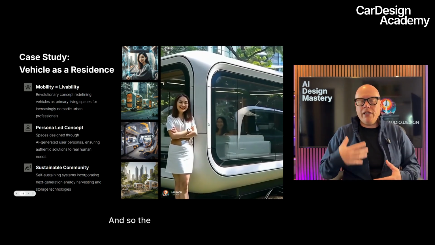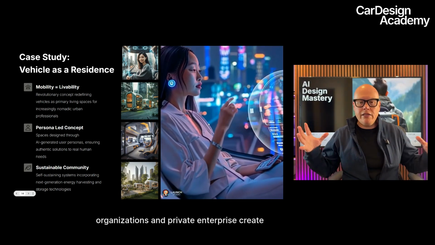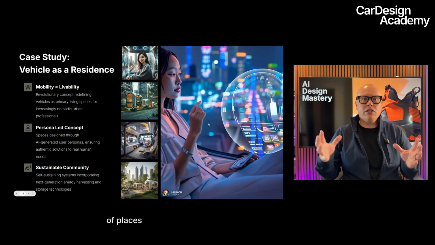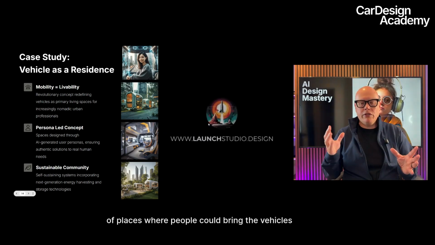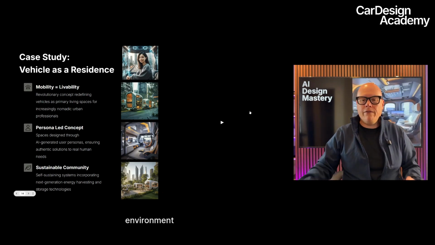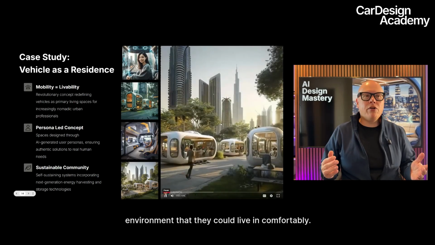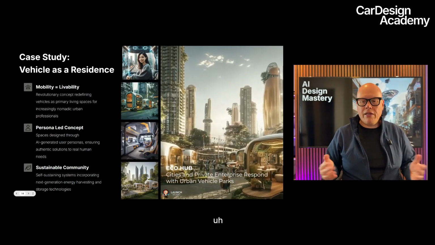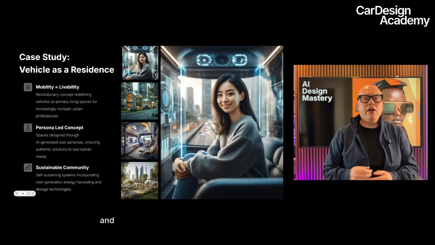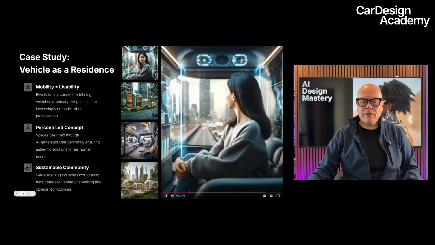And so the idea here is that you would have government organizations and private enterprise create these communities of places where people could bring the vehicles that they live in and actually have a really clean, safe environment that they could live in comfortably, and for a time, and then move on to the next place.